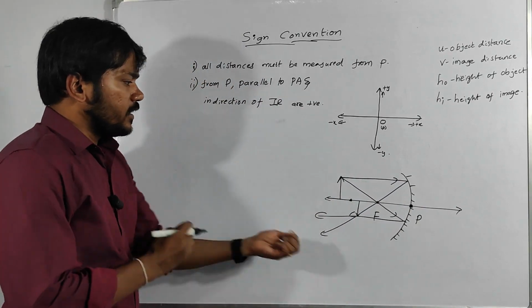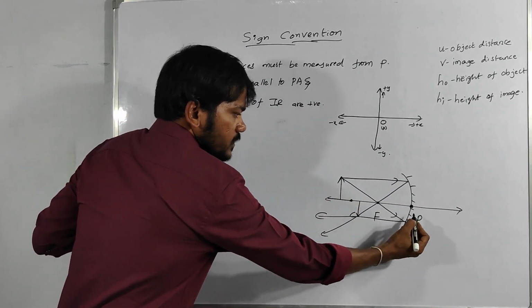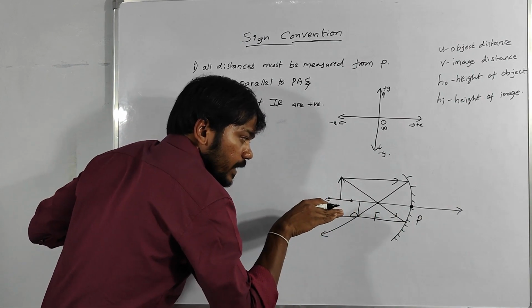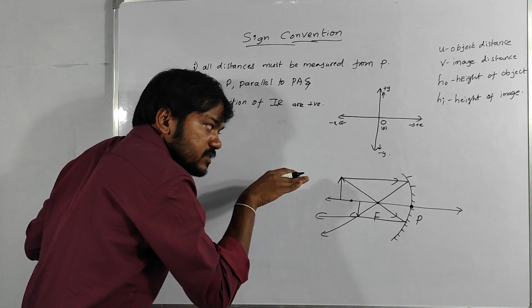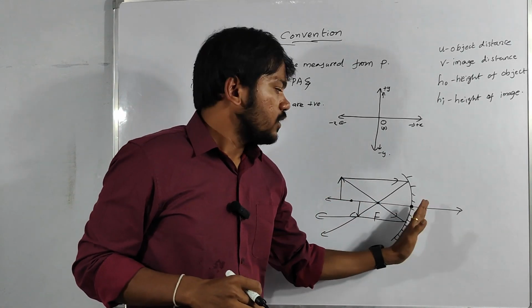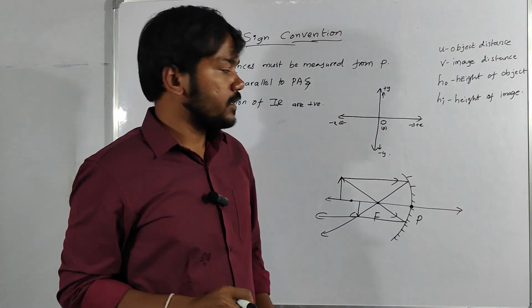Clear, no? Okay, in this case, obviously there is no positive term, because parallel to the principal axis, for distances in the direction of the incident ray and measured from the pole, you have nothing. Clear, no?